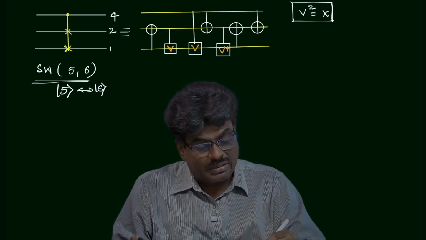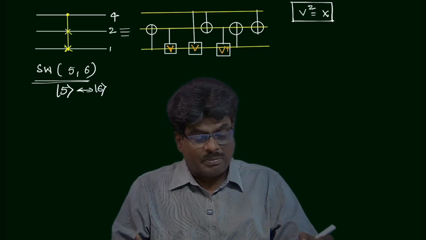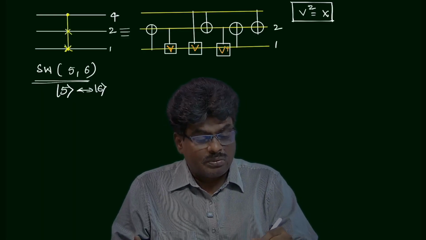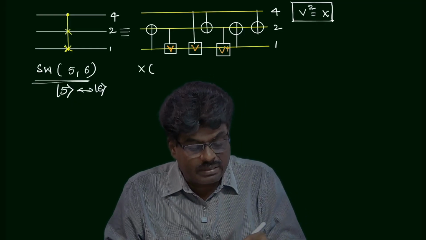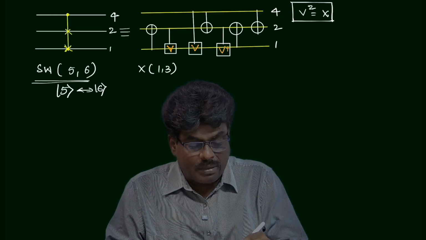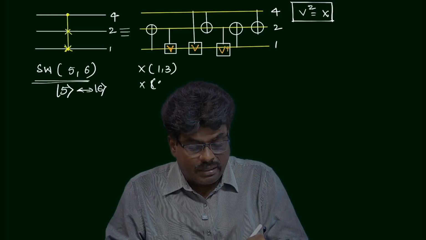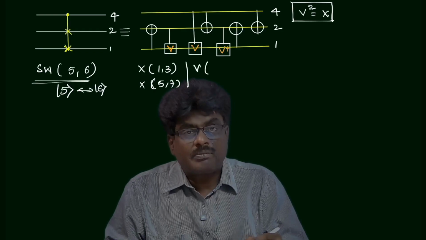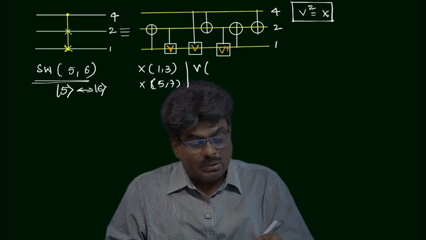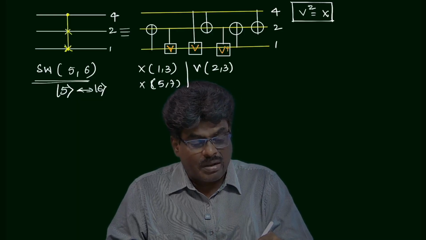Now let us check this. Here, this is a very nice one. Please check 1, 2, 4. Now let me write the operations. First we have X, that is 1 to 2, 1 comma 3. Add the remaining, that is 5 comma 7. Next control V, you can write V of, no issue, 2 to 1, that's why 2 comma 3.